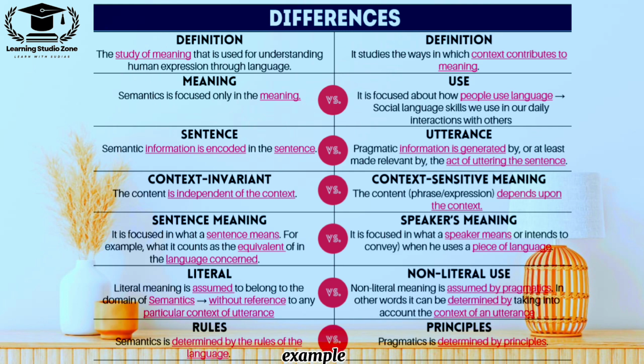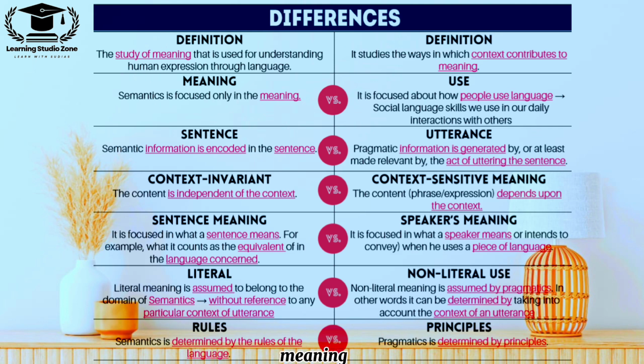In semantics, the sentence meaning is focused on what a sentence means, for example, what counts as the equivalent in the language concerned, while in pragmatics we focus on the speaker's meaning. It focuses on what a speaker means or intends to convey when he uses a piece of language. In semantics, we focus on the literal meaning.